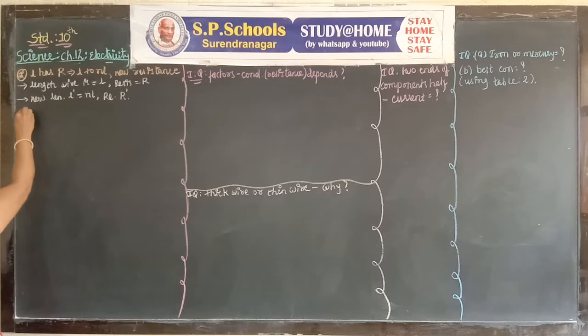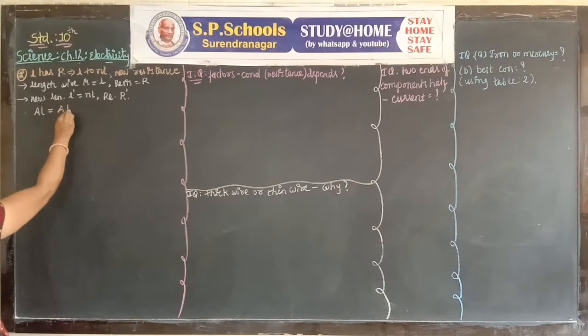We already know the formula: A into L is equal to A dash into L dash.